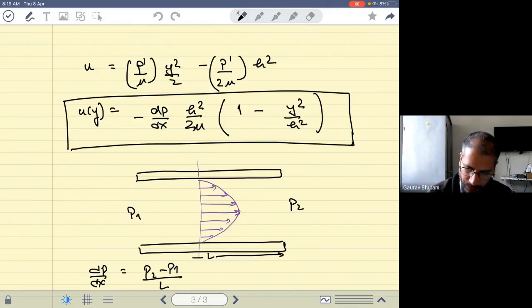It's a very long length, but still it's finite. Or you could write this as delta P upon L, because all we know is the pressure difference. How the pressure changes from P1 to P2 is dependent on the physics, the conservation laws, and that is what we saw yesterday. So we can also write this as delta P upon L, because it's easier to measure delta P and L.